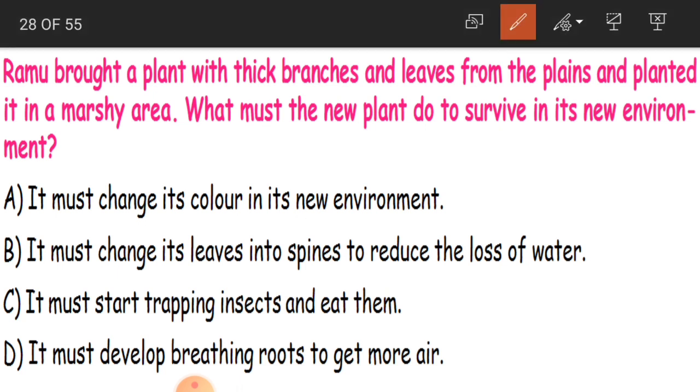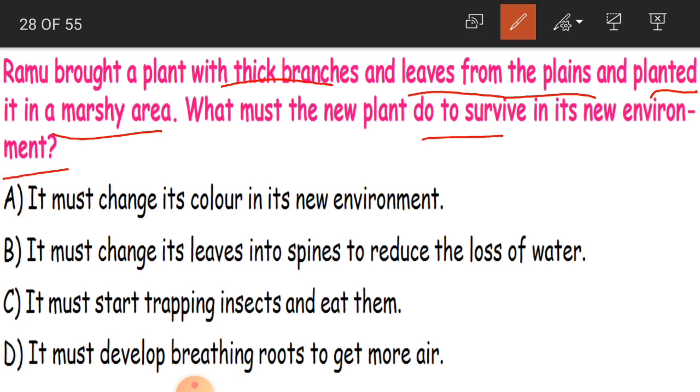He brought a plant with thick branches and leaves from the plains. Plains is the flat land surface area. And planted it in a marshy area. Marshy area is a wet area. So what must the new plant do to survive in its new environment?